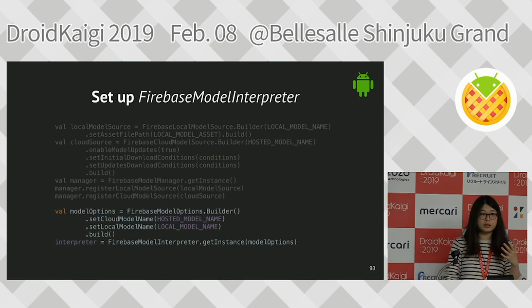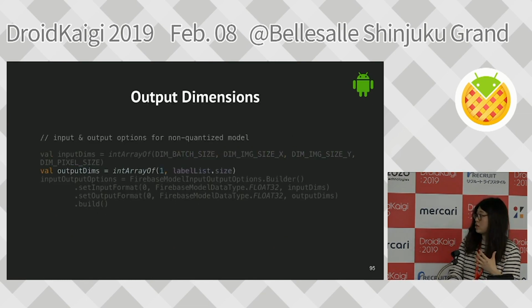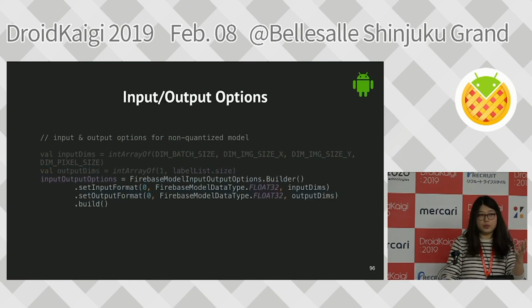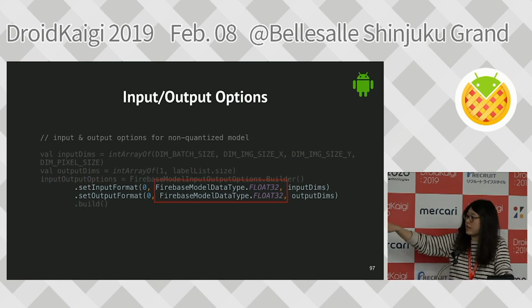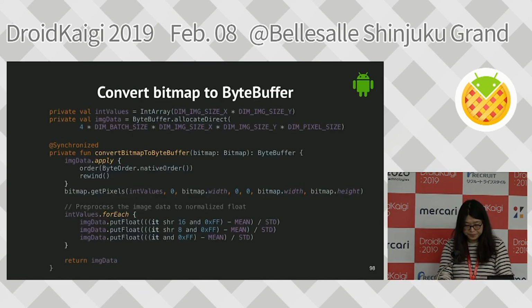Then you set up a model interpreter with an input dimension and output dimension. Then you have input and output options. All the code is available on the ML Kit's website. And I just want to emphasize you have to always watch out for the type of the data you use. Because if your model is stored as a float, you have to specify it here. Otherwise, it's int.